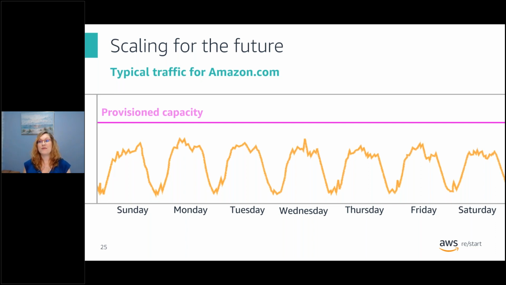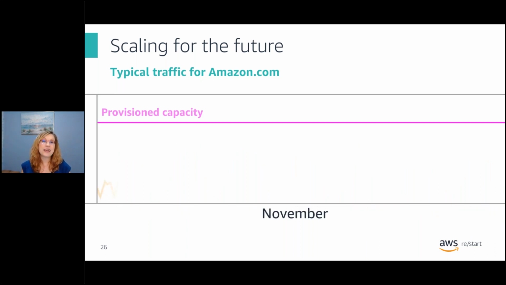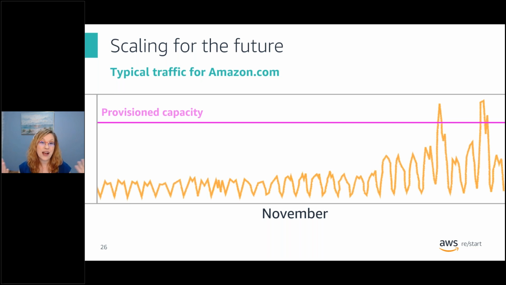Until we jump out to the month view. And now that I'm looking at the entire month of November, I run into a problem, don't I? Yeah, those last couple of spikes represent Black Friday and Cyber Monday. Those days, the traffic spikes way beyond anything that exists the entire rest of the year. Now, we're not going to get into Prime Day and things like that, but those are the same situation, right?